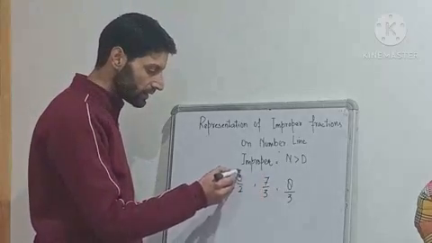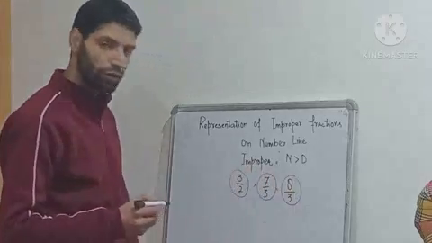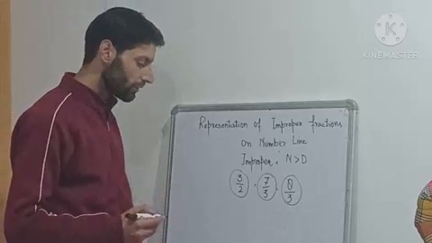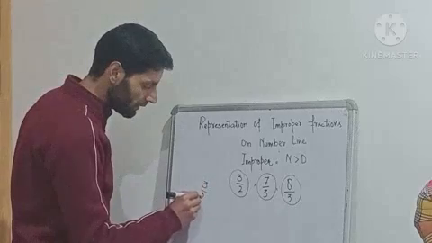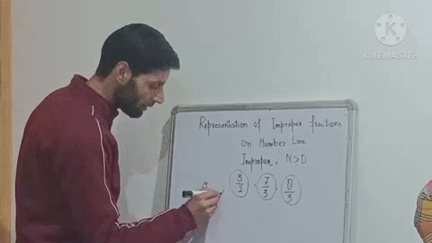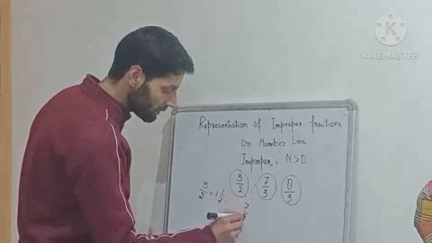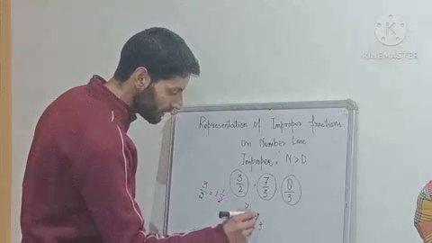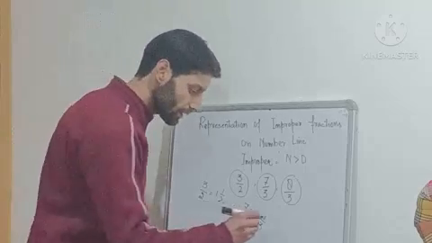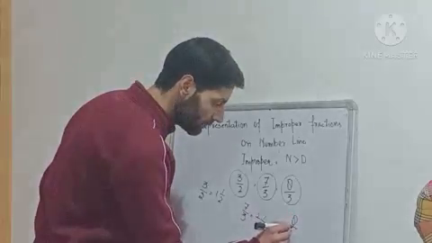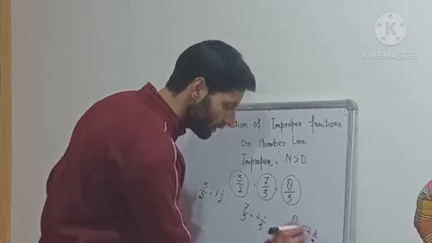Before representing these numbers on number line, we need to convert them into mixed fractions. So 3/2, while converting into a mixed fraction, it will become 1 1/2. 7/3, on converting into a mixed fraction, it will become 2 1/3. 8/3 will become 2 2/3.